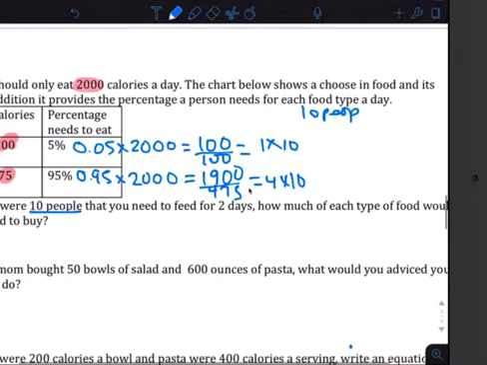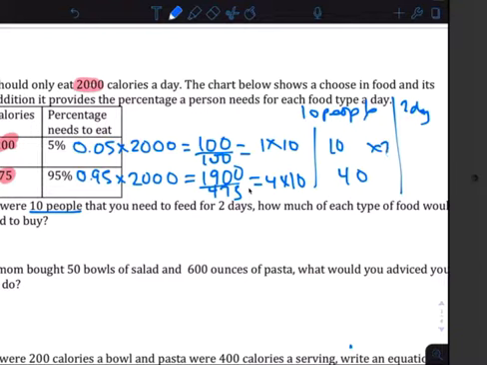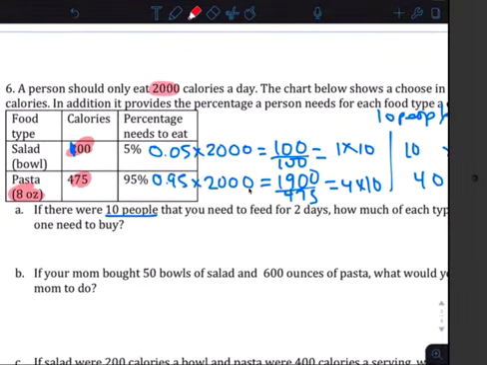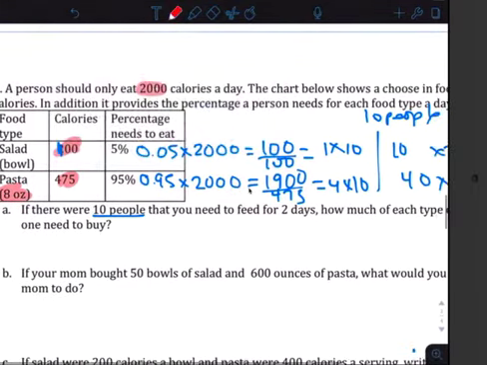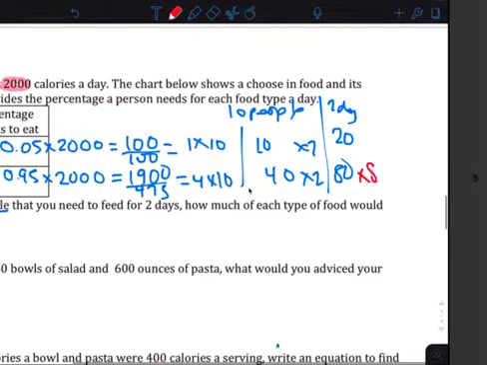You get 10 and 40, times it for 2 days, times 2, times 2. You get 20 and 80. But this is in ounces, so you need to multiply your answer times 8 ounces. Get 6,400.